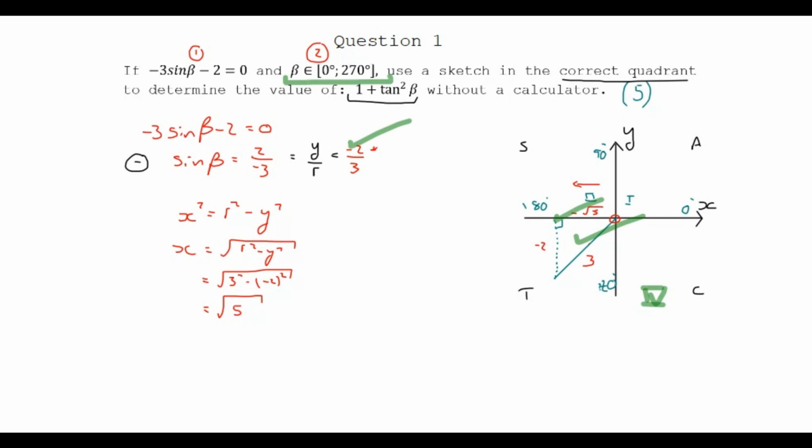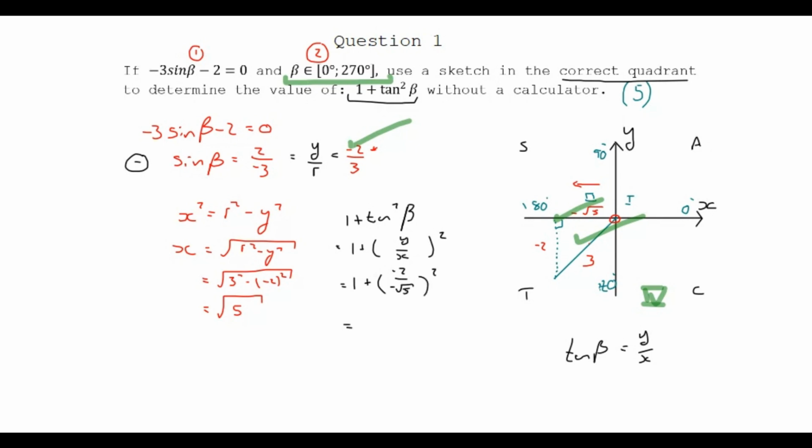Find 1 plus tan squared beta. And now, if you recall, tan of beta, or tan of any angle, has a permanent ratio. That ratio is known as y over x. Alright, so I want to now replace tan of beta with its ratio, y over x. And what we then get is negative 2 over negative root 5. And don't forget the square.